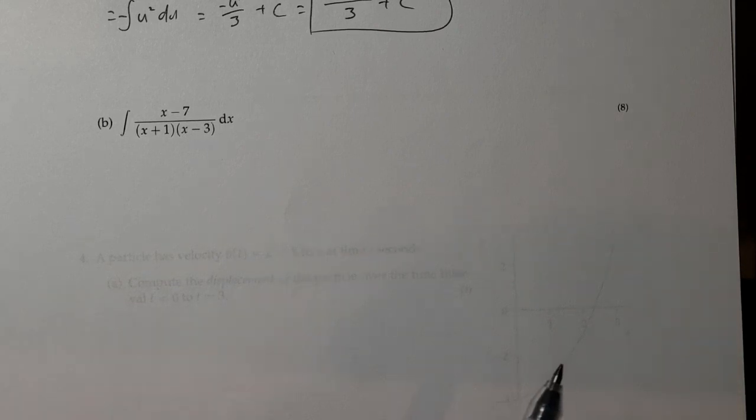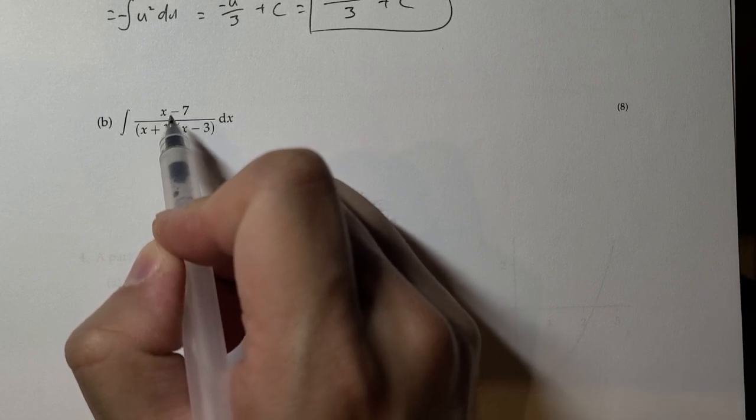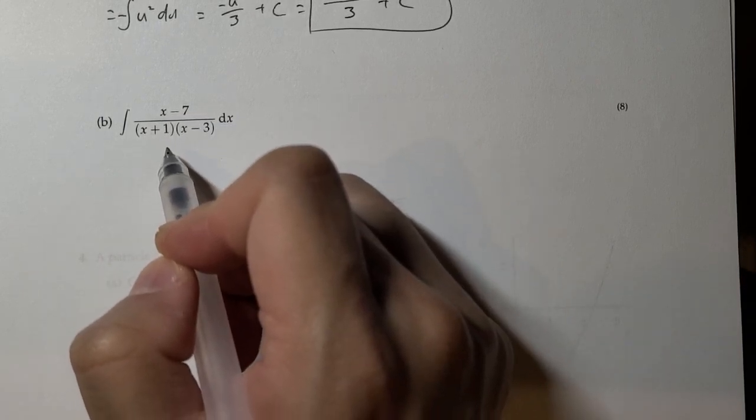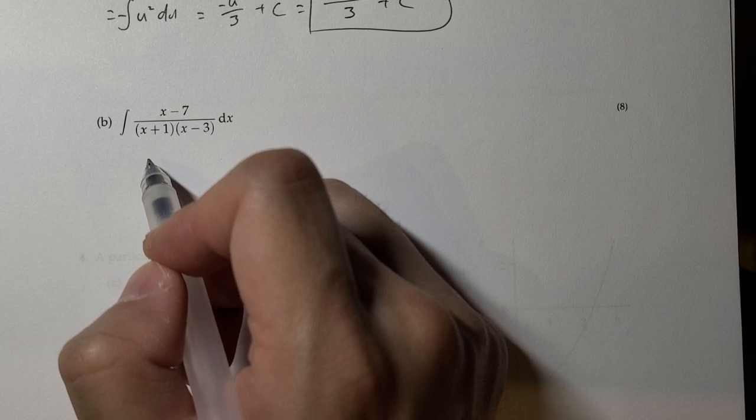What's a good way to do this? I'm thinking, because if we separate this integral into x over these two terms minus 7 over these two terms, we can't do a u sub for that first one.